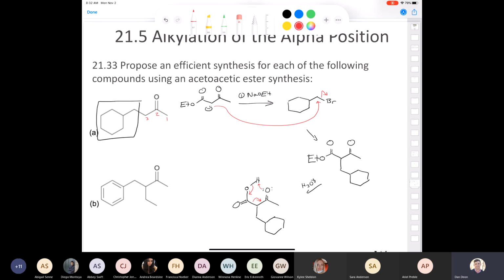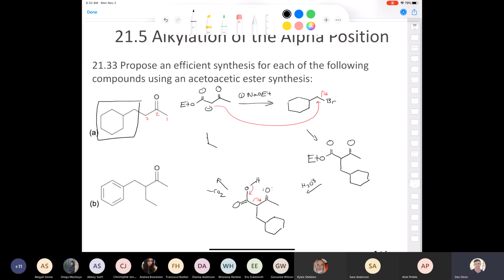I'm really running out of space here, but you can see how we're going to lose CO2, and then we're going to end up with this enol, which is going to tautomerize to give us the final product. I can draw the enol, can't I? I got room. Let's draw what the enol looks like, which looks like this. I should fix this arrow.